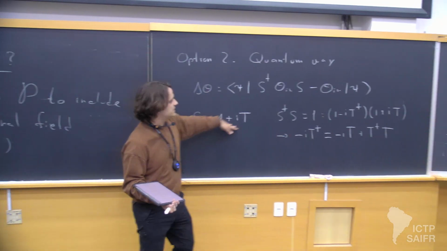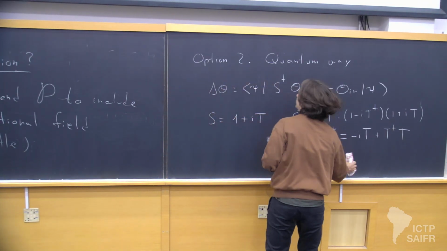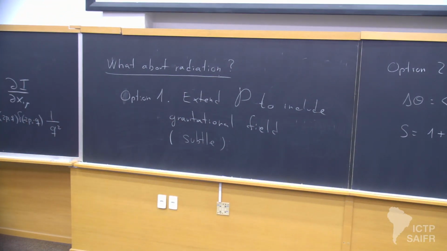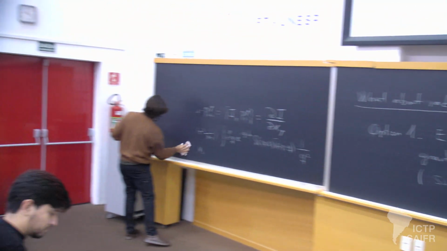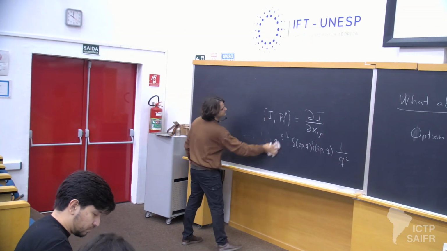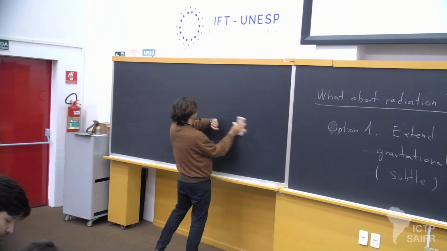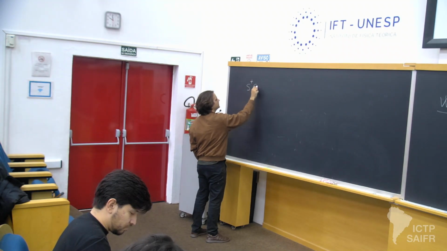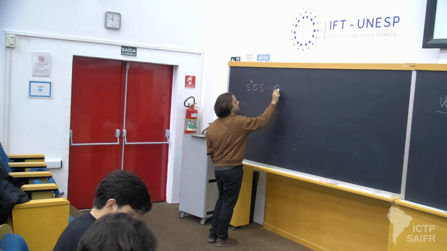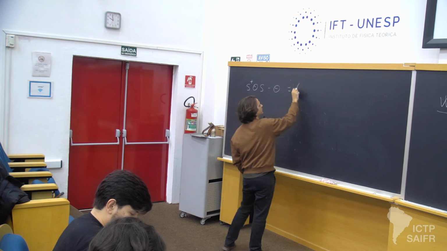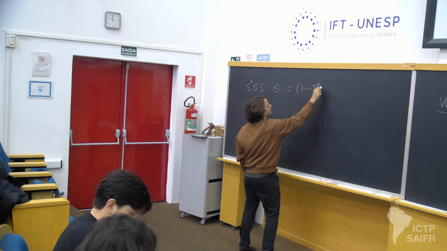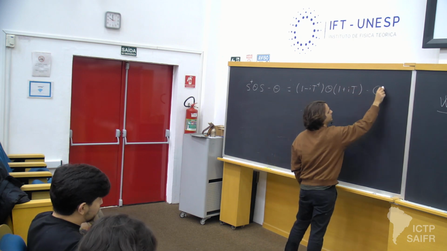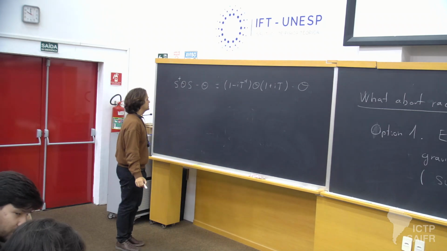Okay, so now let's use this expansion here. S dagger O S minus O will be 1 minus i T dagger, O, 1 plus iT, minus O. Okay, so let's look at various terms.